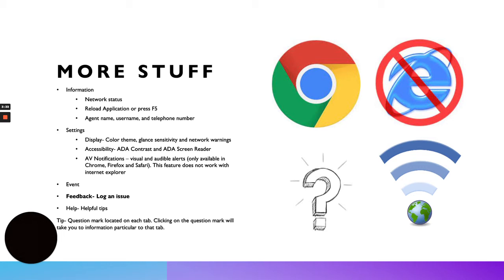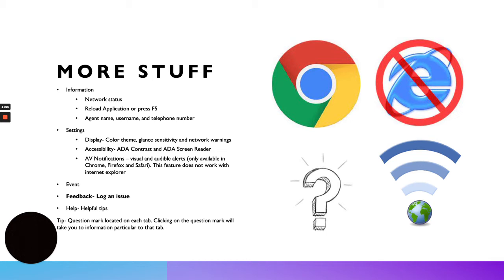All right. And then also in the information section, you'll be able to see your agent name, username, and telephone number. I specifically use this section if I continue to get refused calls. So if I get a call and instead of me being able to answer it, it goes into a code that says refused and I'm unable to answer the call, that usually means that my telephone number is wrong.